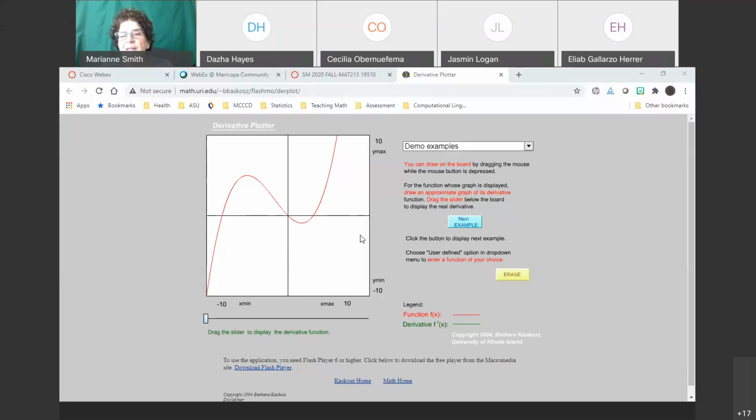What kind of a shape did I just trace? What does it look like? An S, okay? I think I'm trying to trace something that looks more like a parabola.